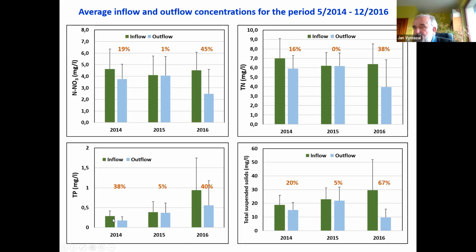In terms of phosphorus, it's very similar: 38, 5, 40%. And a very big difference is in total suspended solids. There was slight removal in 2014, more or less no removal in 2015 when the water was below the surface, and 67% removal during the period where we had permanent flooding and the water was directed into the wetland.